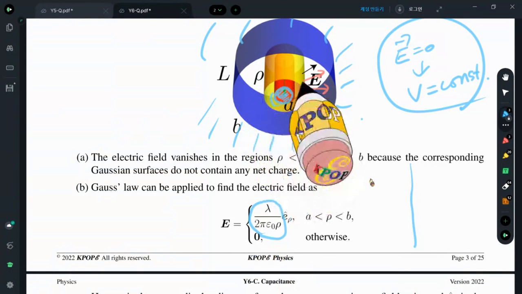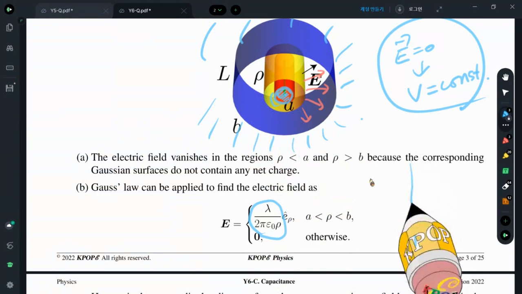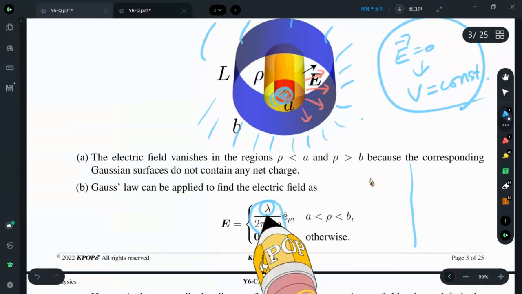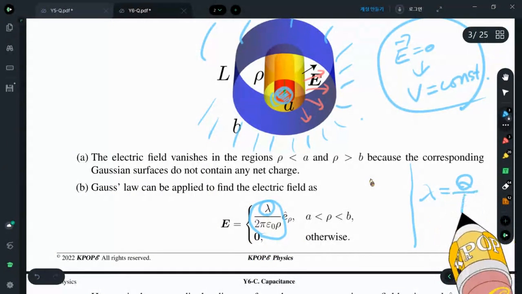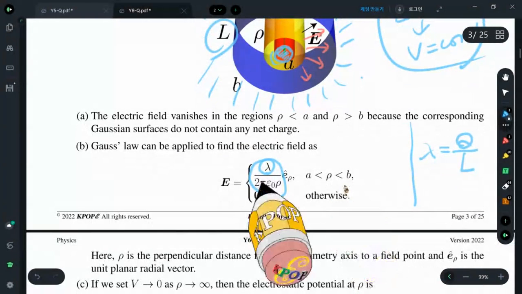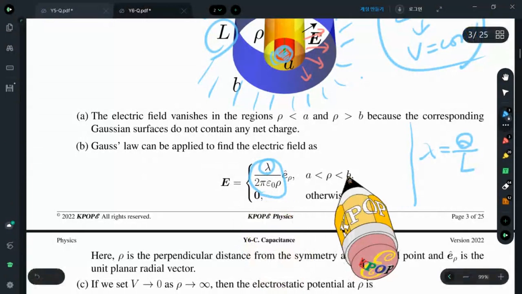For a cylindrical symmetry, it is just like the case of an infinite wire uniformly charged with charge density lambda, that is Q over L. Okay, and we remember there's a factor of 2 instead of 4.